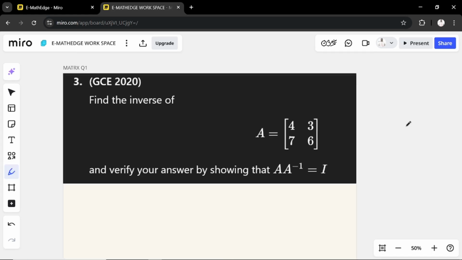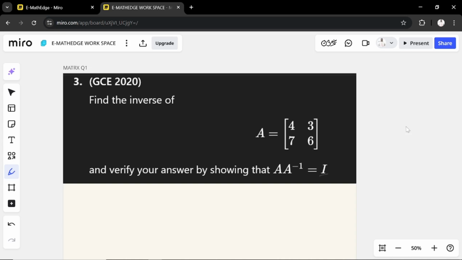Now, there is a GCE question for 2020, and the question said, find the inverse of the matrix A, which has the elements 4, 3, 7, and 6, and verify your answer by showing that the product of matrix A and the inverse of matrix A is equal to an identity matrix.